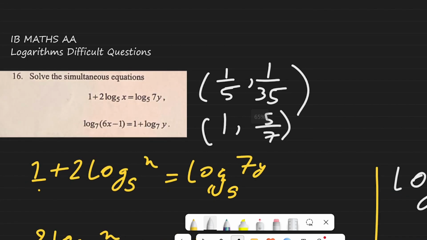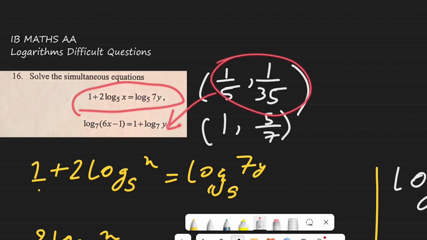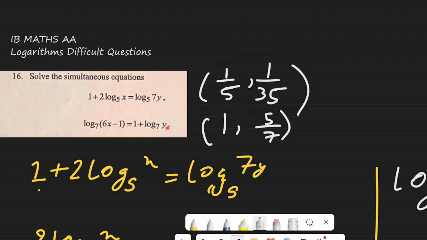Now we have to see if both these values also fit with these equations. You can do it on your calculators, or either way, you put the first value in both the equations, then the second value in both the equations. If the answers come out correct, then these are the values. Sometimes what happens is, for example, let me give you an example.